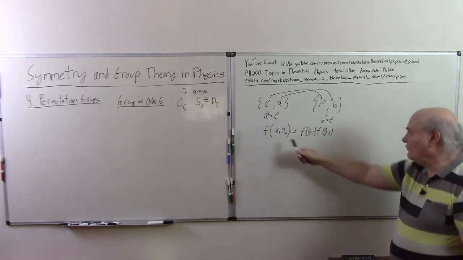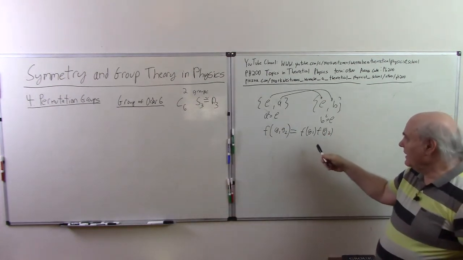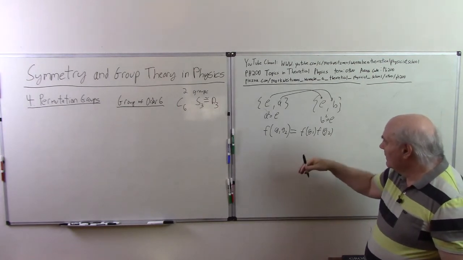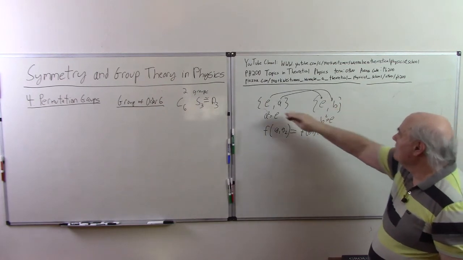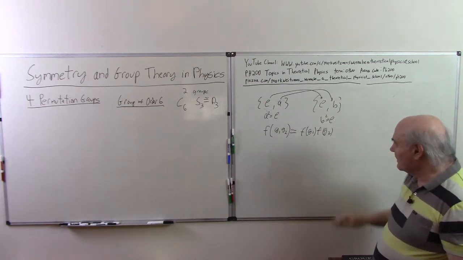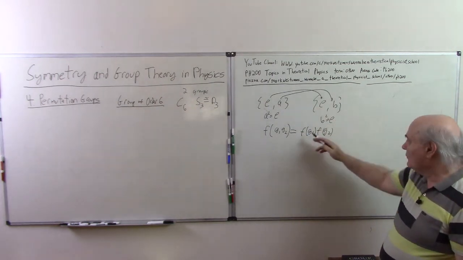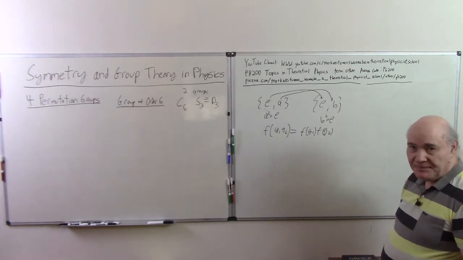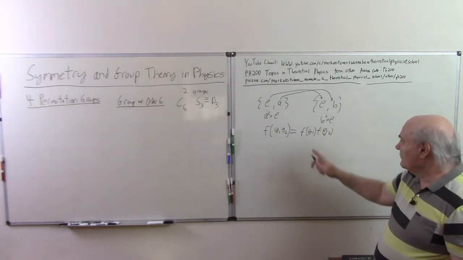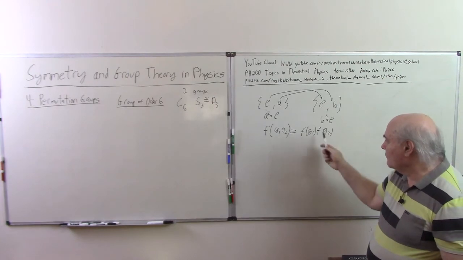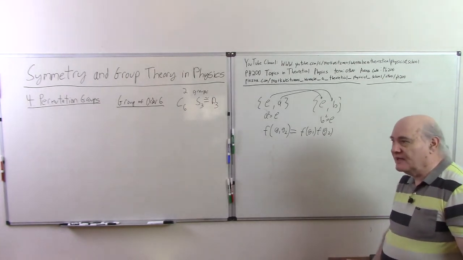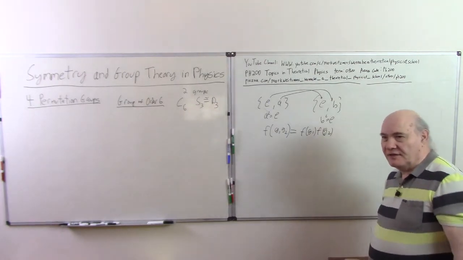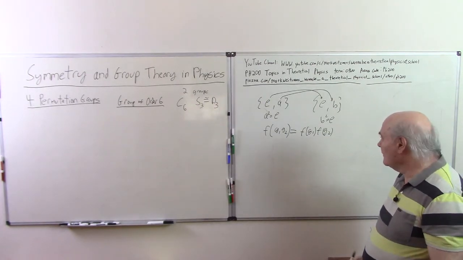So this requirement, namely that we can compute the product here and then map it, or we can map and then compute the products, that it has to be the same. This is called homomorphism. And an isomorphism is simply a homomorphism that's one-to-one. But basically, when we say 2 groups are isomorphic, what we mean is they're the same group, they just have different names for their elements.